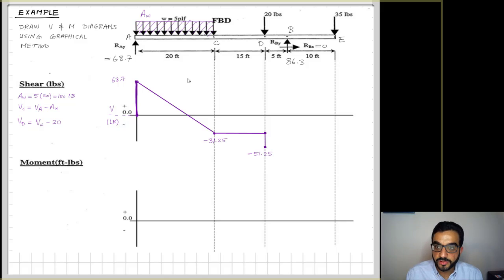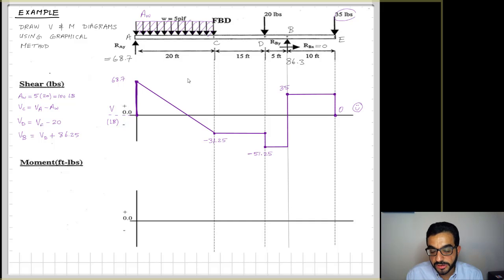The next point of interest is the reaction at B, and I go straight horizontal to point B, and then I hit the reaction 86.3, so I jump by this value to now 35. Nothing happens between B and the next point of interest, which is the end of the beam, so I go horizontal, a constant value of 35, because W is equal to 0, so zero slope.